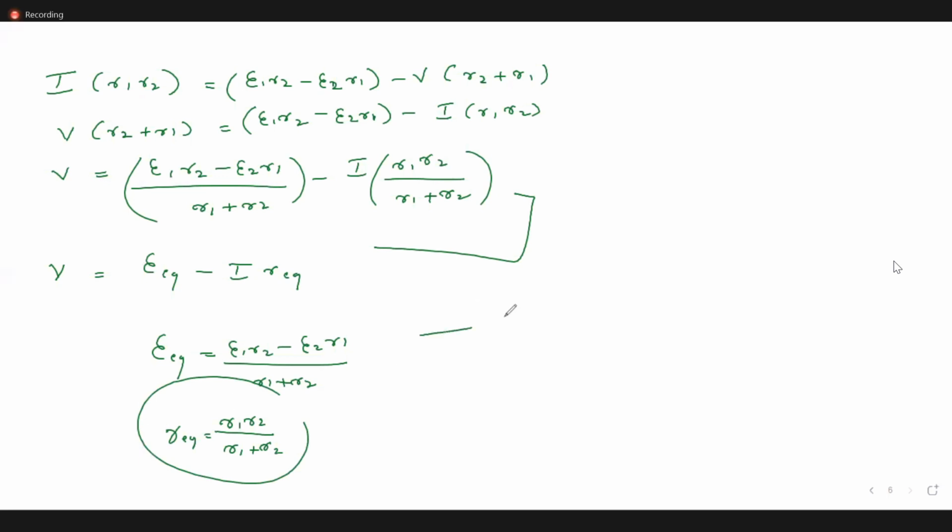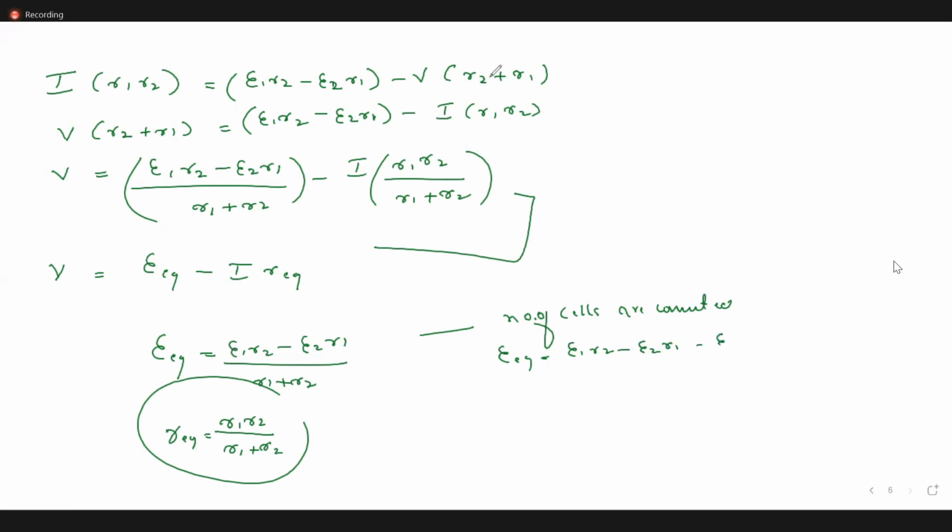If the number of cells connected is more, then how are you going to write it? Then E equivalent is equal to E1 R2 plus E2 R1, plus E2 R3 like that, and it continues.